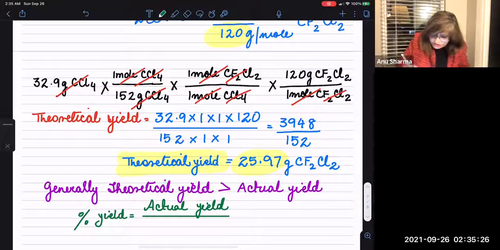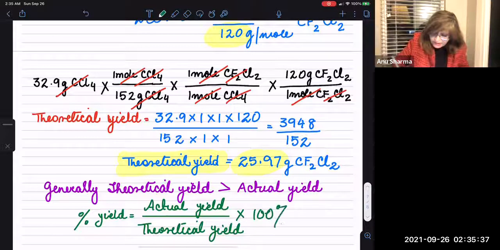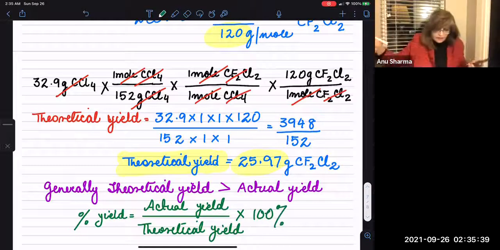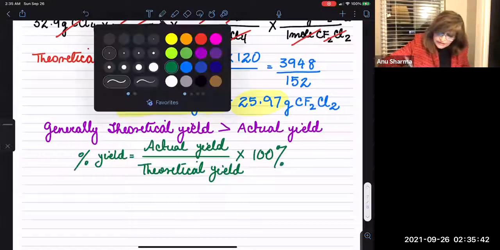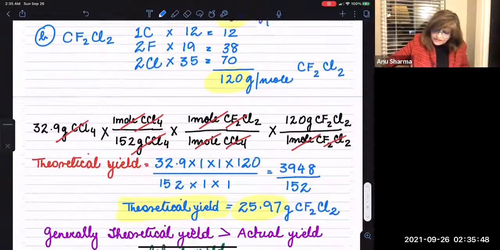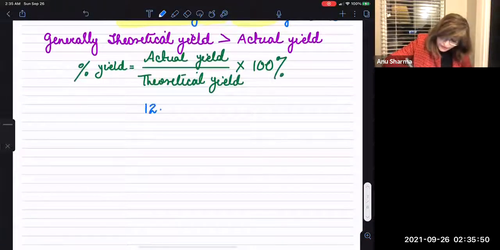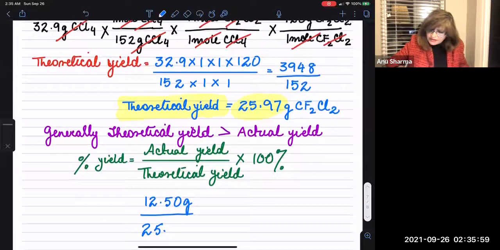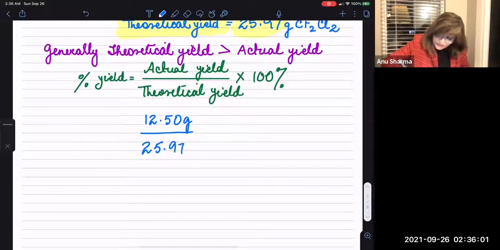You put the actual yield, which is given to you, 12.50 grams, over the theoretical, 25.97, times 100%.